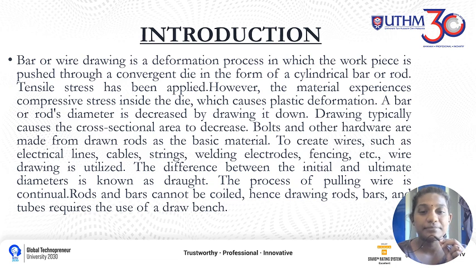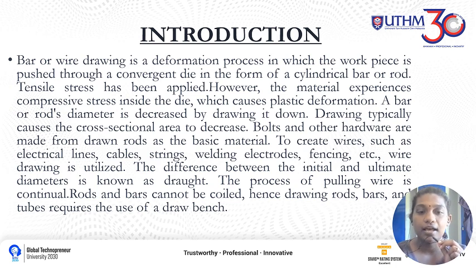However, the material experiences compressive stress inside the die, which causes plastic deformation. The bar and rod diameter decreases in the drawing process, and the cross-sectional area decreases as well.